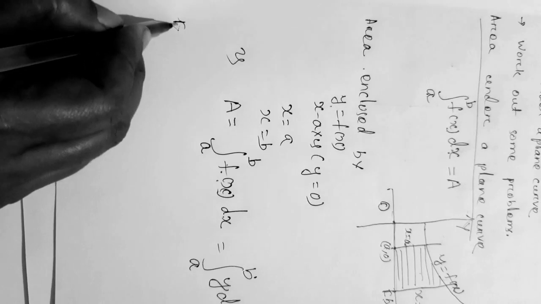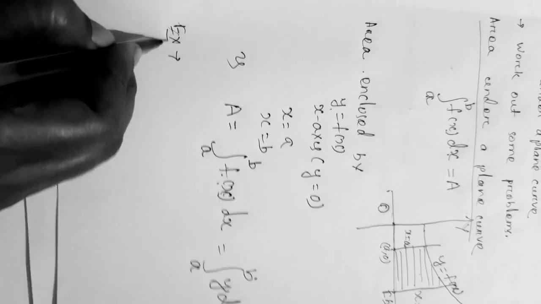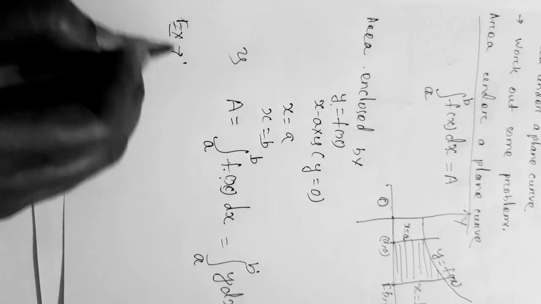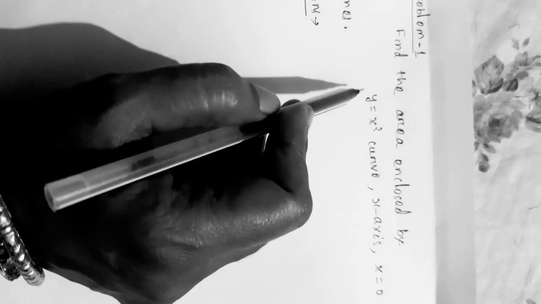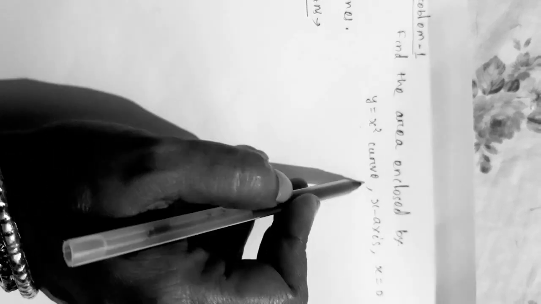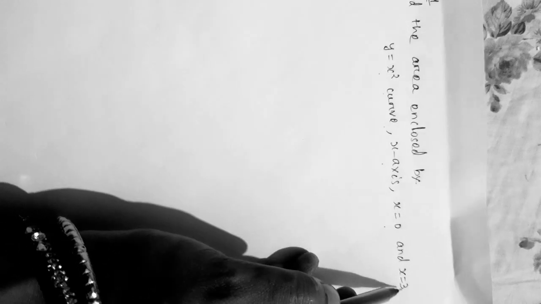Let me help you understand by doing a simple example that I have written here. That is, to find the area enclosed by the curve y is equal to x square, the x-axis, the line x equal to 0 and the line x equal to 3.